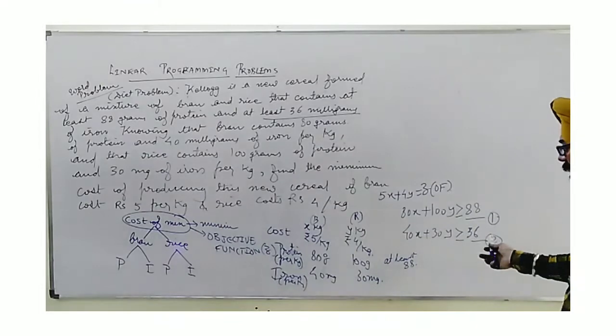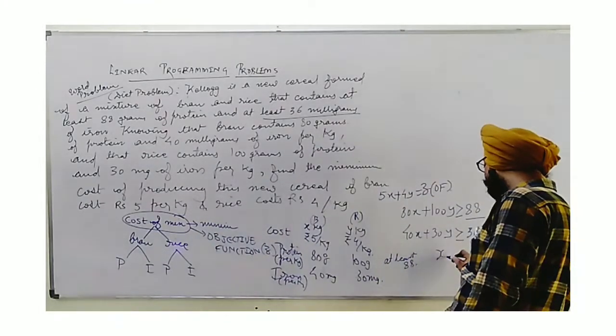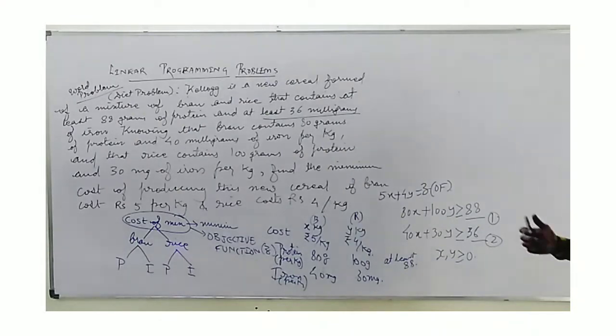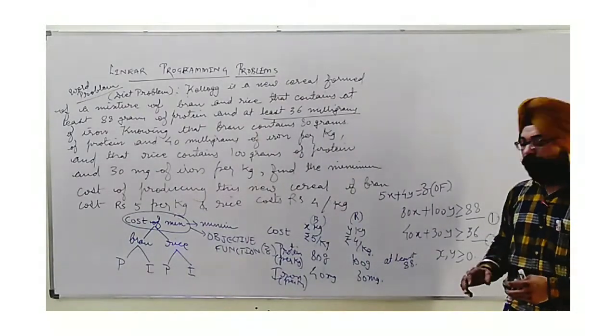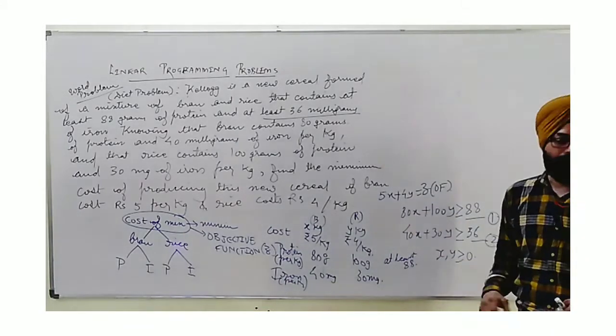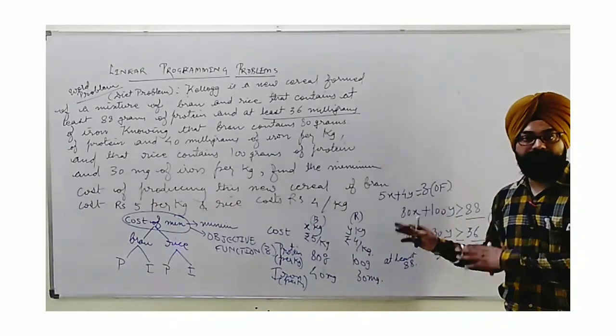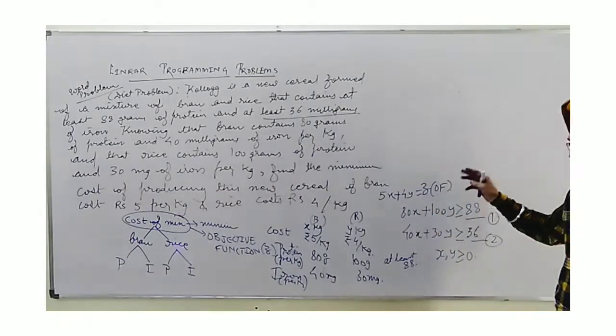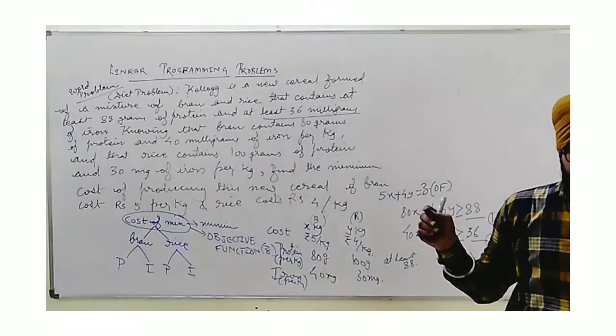So these are the constraints, and compulsory x, y are greater or equal to 0. Why? Because if you want to make a mixture, we will not take the quantity of x and y to be 0. So this is all about how to form the objective function and constraints from the given word problem.